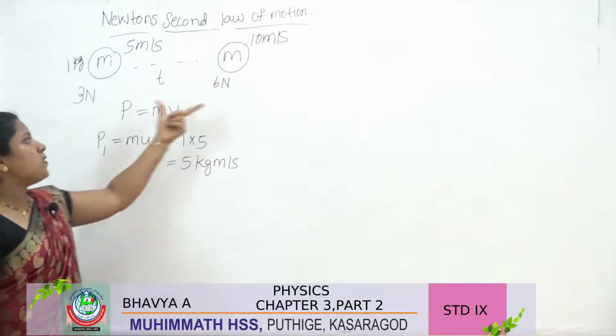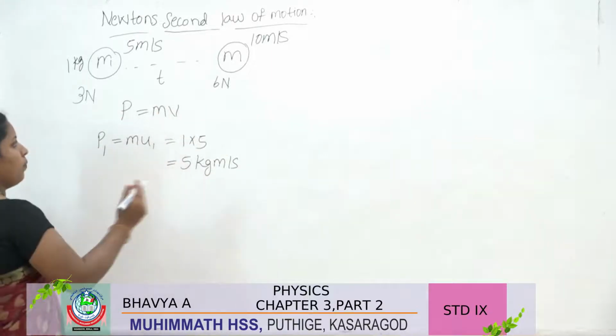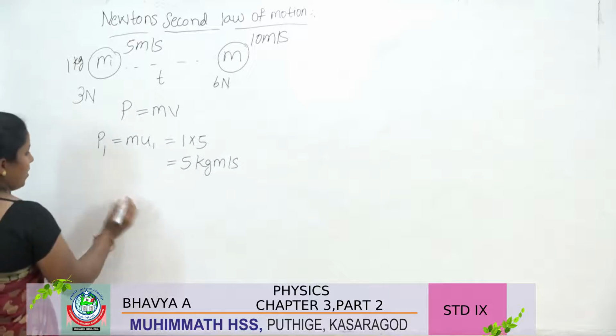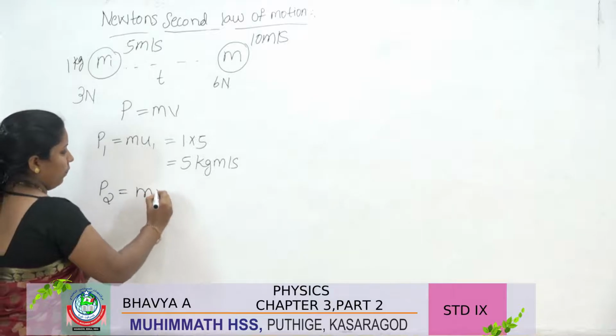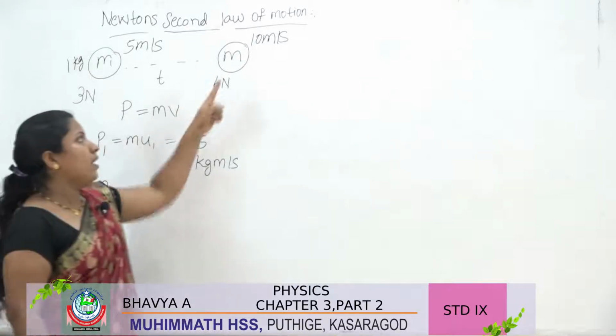The momentum of the second body: how do you calculate it? P2 is equal to m into v, where v means the final velocity.